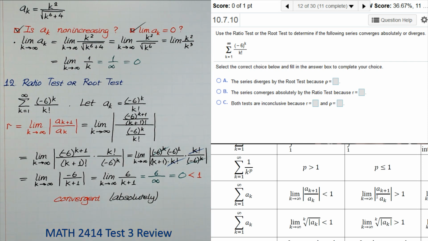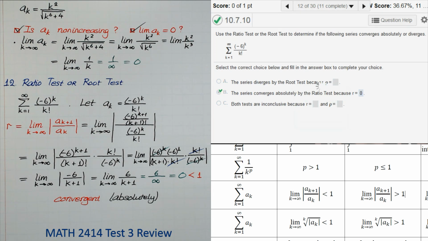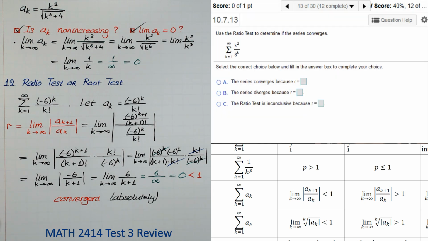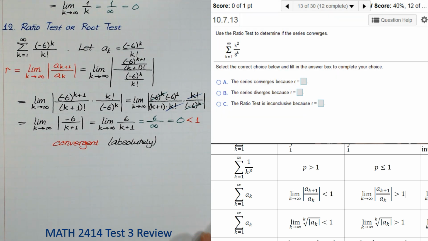But for this one we just say it is convergent. So the series is convergent absolutely because of the ratio test with r equal to 0. Right. Next one is also the ratio test.